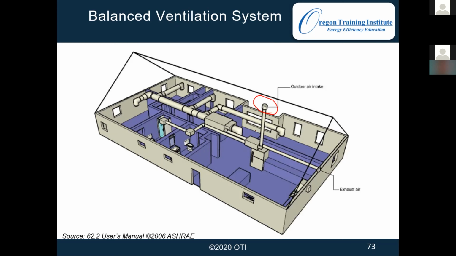And it's going through the heat exchanger of our HRV, and the good air is coming through there, picking up the heat and delivering that to our return to be conditioned and distributed through the house.